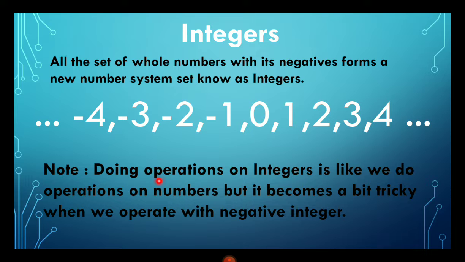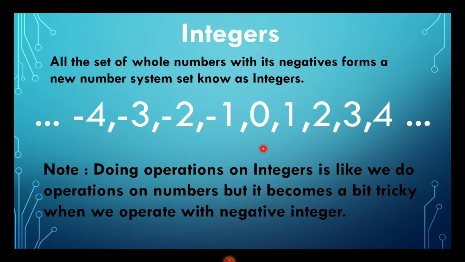You need to note that doing operations on integers, like we do operations on numbers, becomes a little tricky when you operate with negative integers. So when we do operations on integers, it is similar to how we add whole numbers and natural numbers, but it becomes a little bit tricky when you add a positive number with a negative number or a negative number with a negative number.